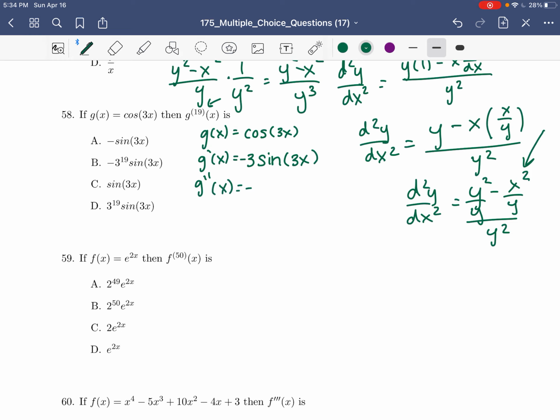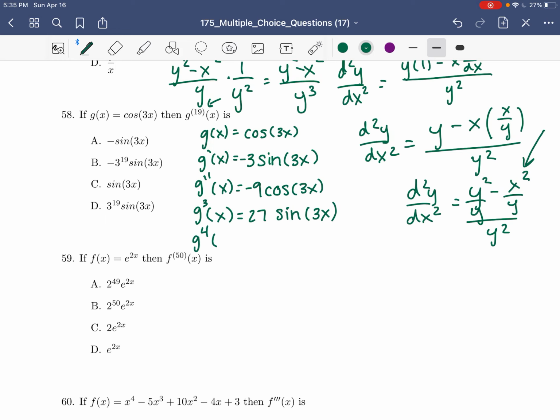Second derivative is going to equal negative 9 cosine of 3x. Third derivative is going to be positive 27 sine of 3x.